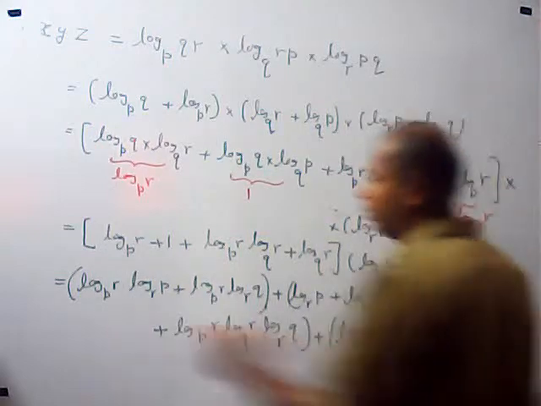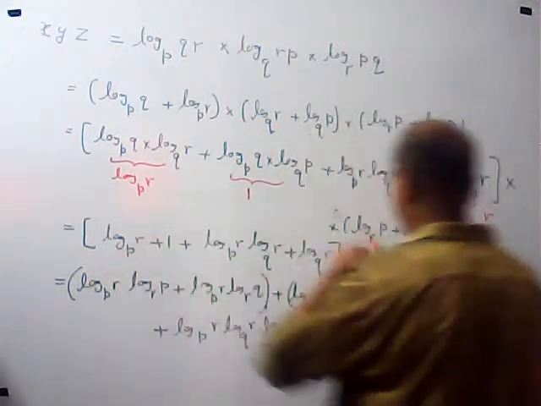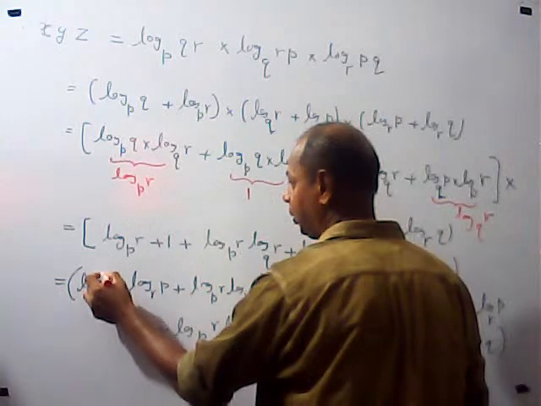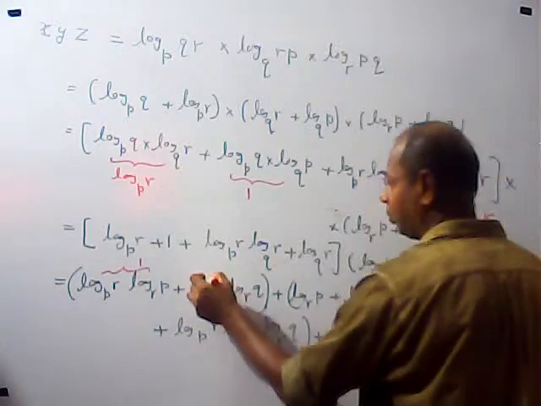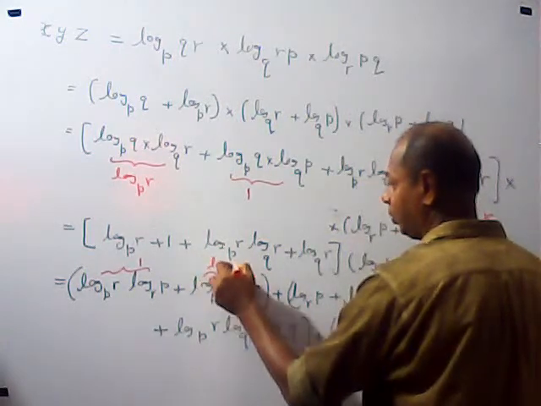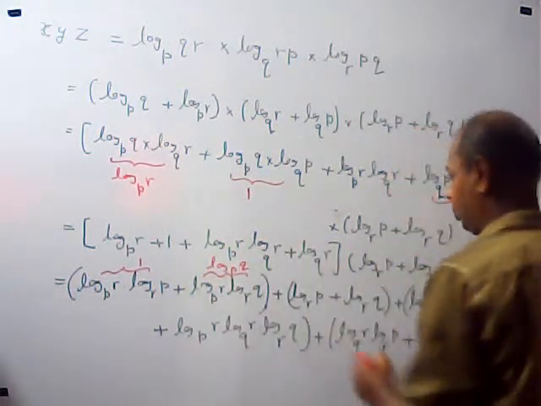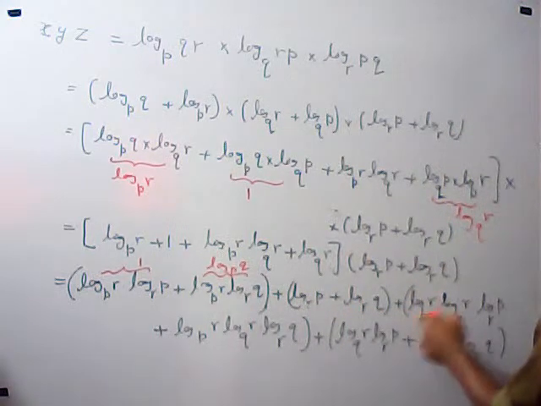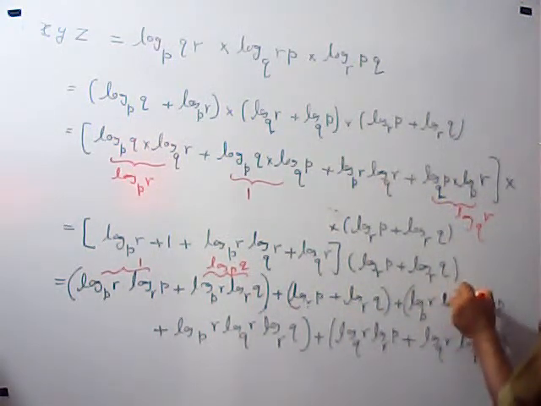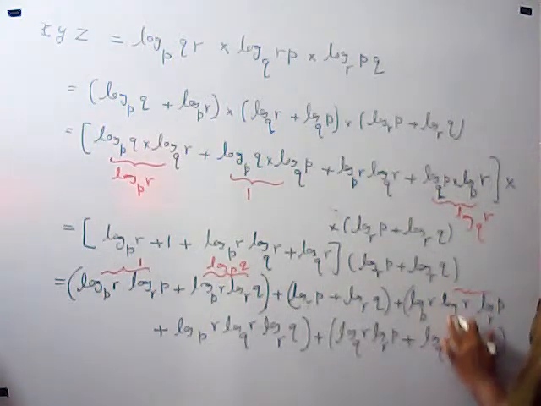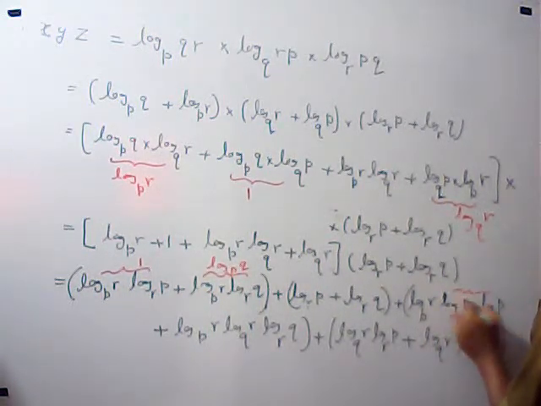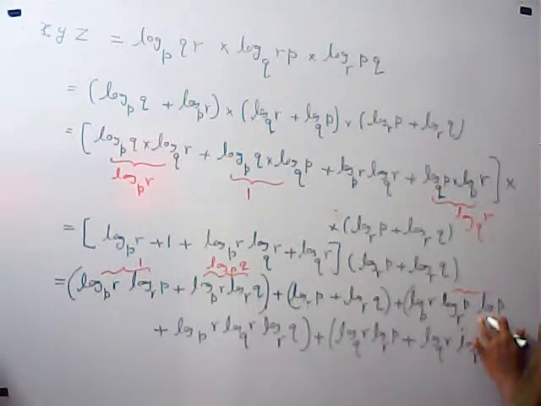So log PR log RP, once you open this bracket, will be equal to 1. Log PR log RQ will be equal to log PQ. Then log PR log QR log RP, that will be log PR log RP, log QR.